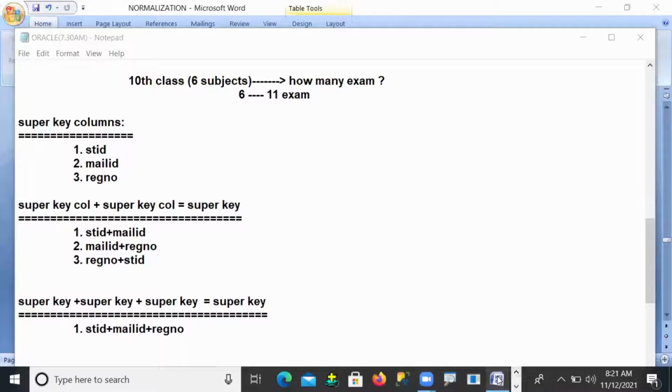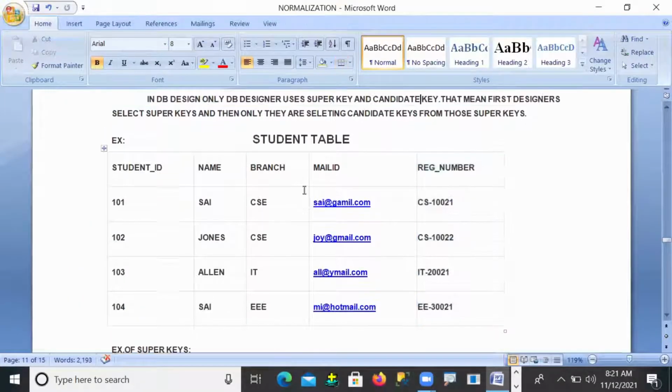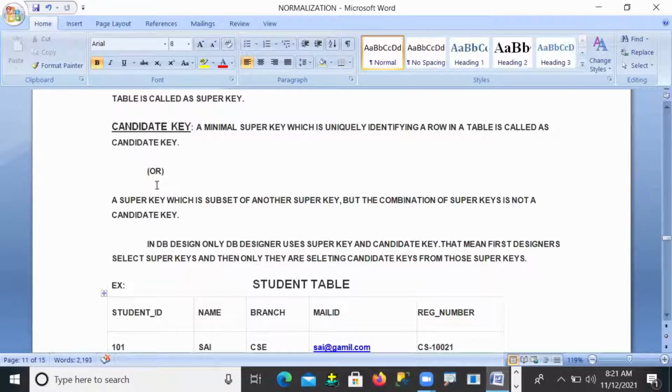And come to the next, one more definition is there. What is the next definition here? Candidate key. A candidate key is nothing but a minimal super key which uniquely identifies a row, then it is called a candidate key.